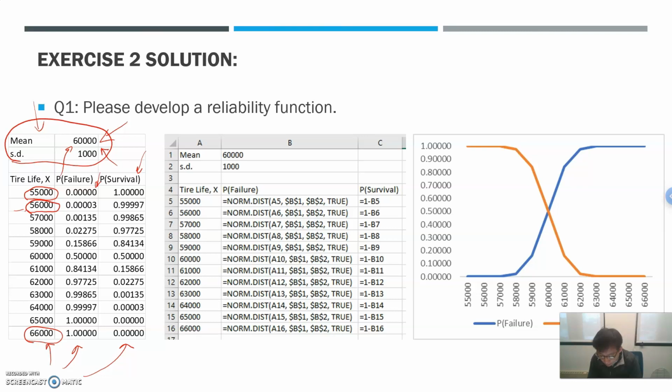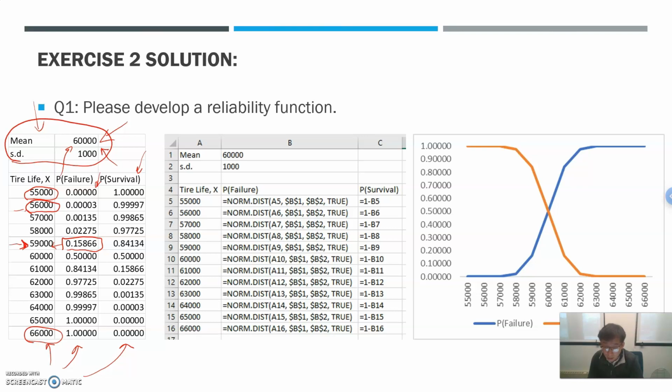For example, let's interpret this. When a tire has a mileage of 59,000, the chance that it will experience failure within this period is nearly 16%.